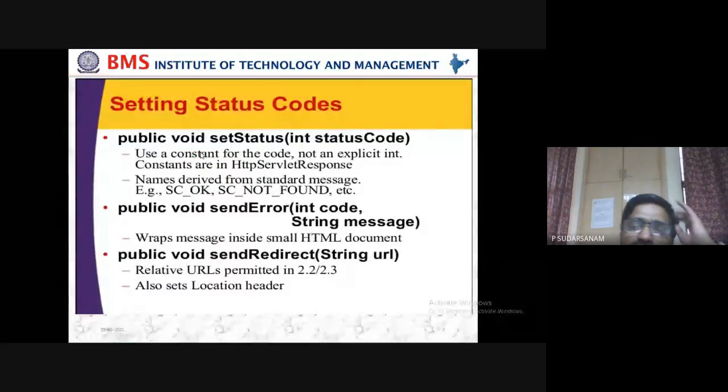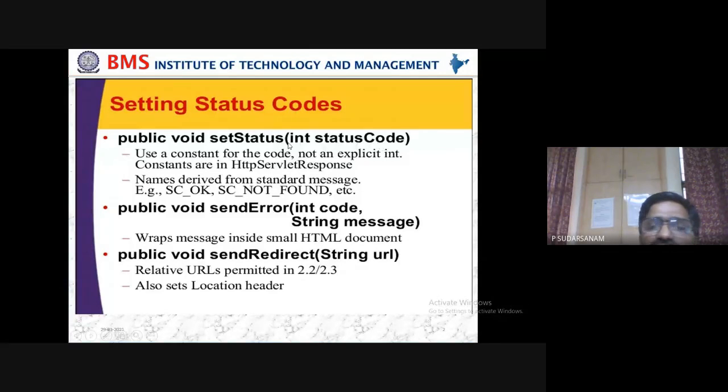Now setting the status code: public void setStatus(int statusCode). Now you can write 200, 300, or 150, 220, something like that. int takes numbers, you can write them. What numbers are available? I'll tell you 5 to 10 examples. In that case, how to write? Some examples are given here.